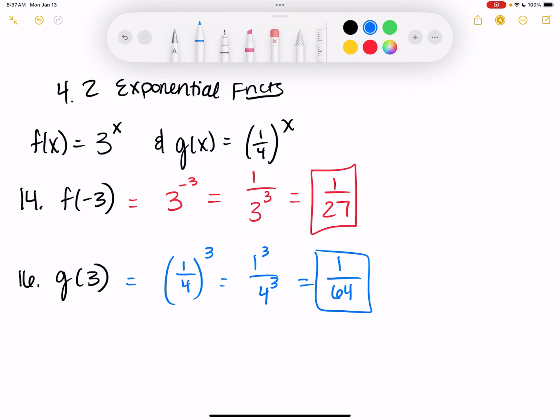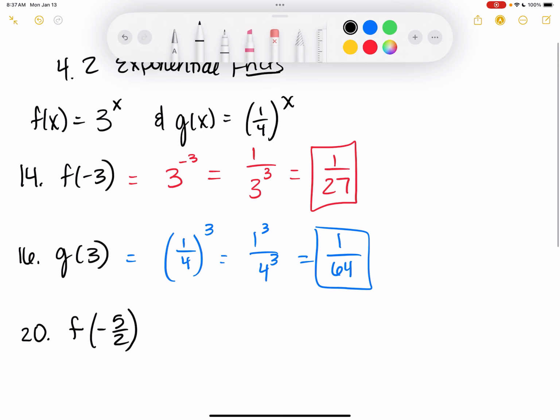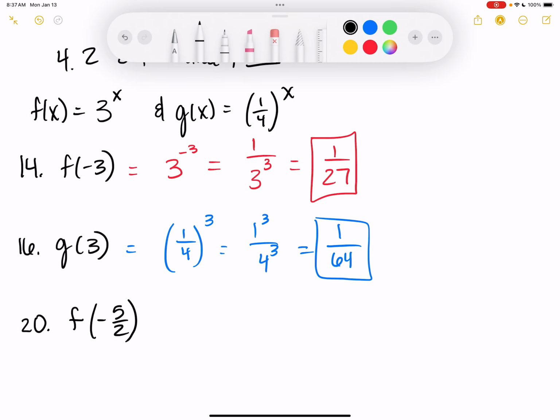Now, if I ended up with something like number 20, f of -5/2. That means now my exponent is a fraction, and also happens to be negative. So what I have here is 3 raised to the -5/2.